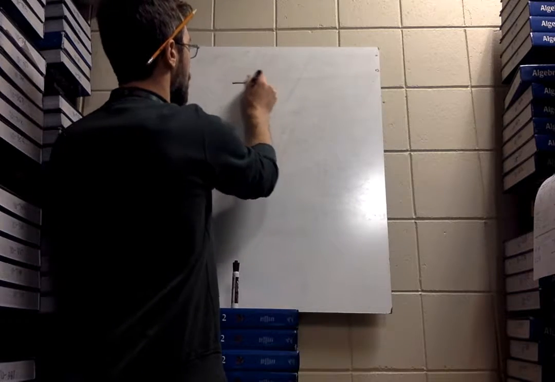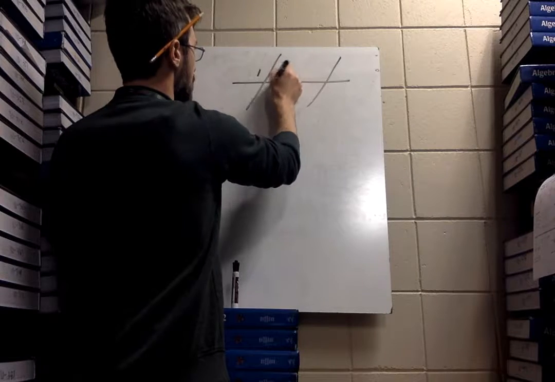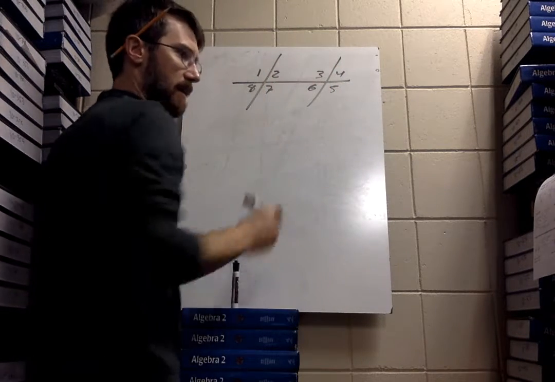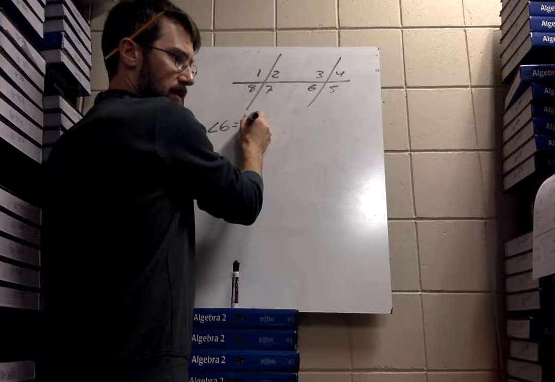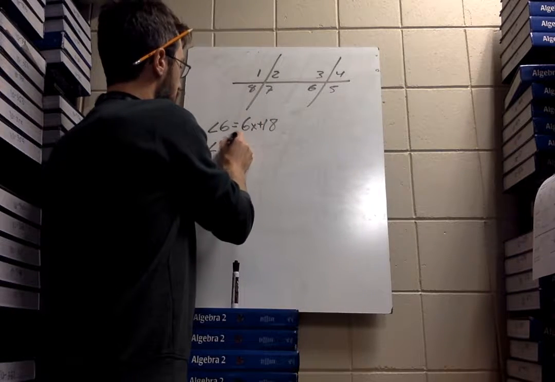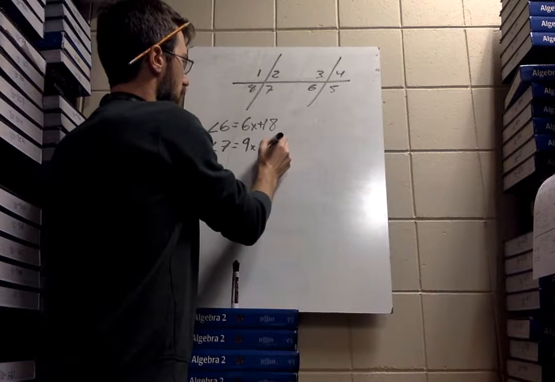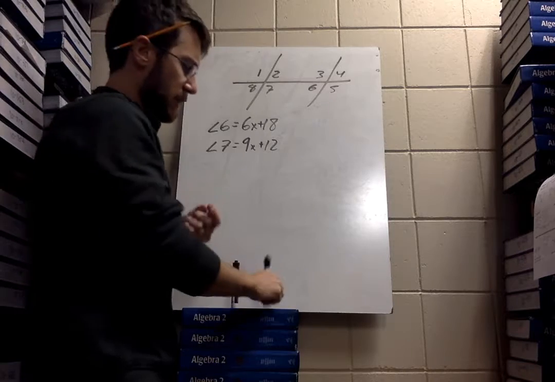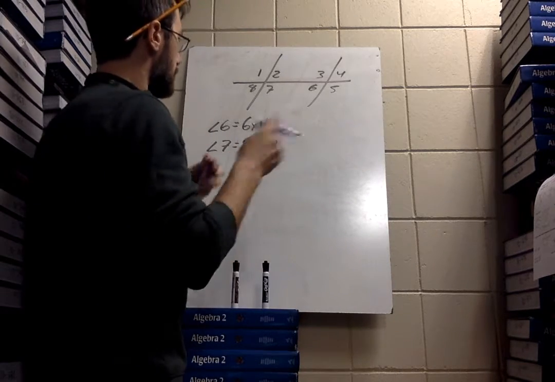Okay, and then the very last one, similar diagram, but the order in numbers is a little bit different. 5, 6, 7, 8, like that. And now we're saying angle 6 equals 6x plus 18. Angle 7 is 9x plus 12. Again, I'm looking at my diagram and making the decision, are these equal to one another or do they add to 180?